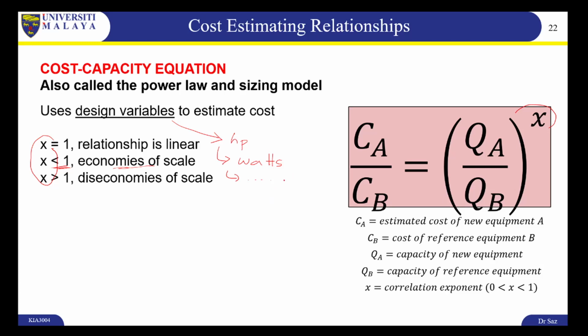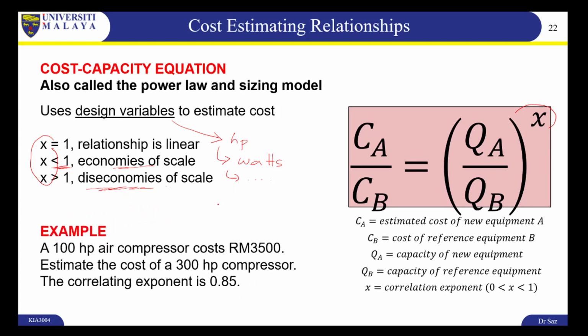It's mass produced. So x will be less than 1. But if x is more than 1, then there are diseconomies of scale, which means that this item is quite difficult to produce. It's not produced on a mass volume, and the calculation is going to make the price a bit more pricey.